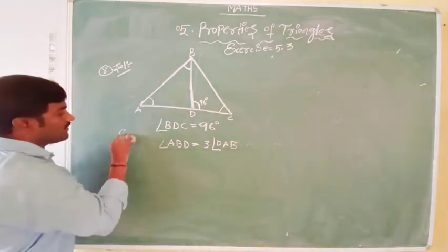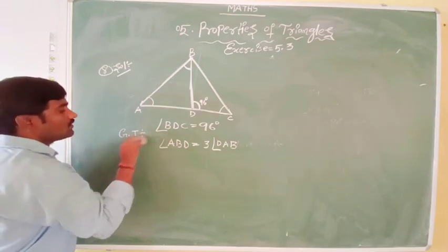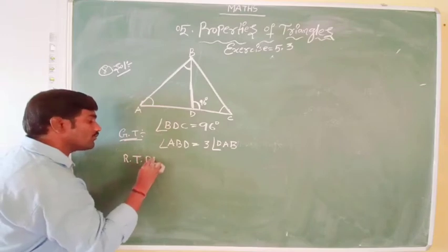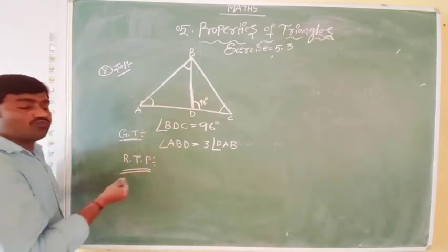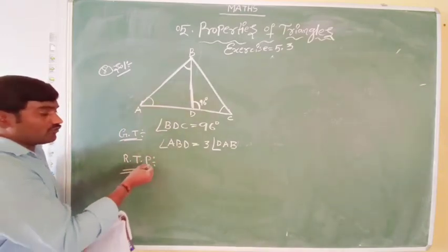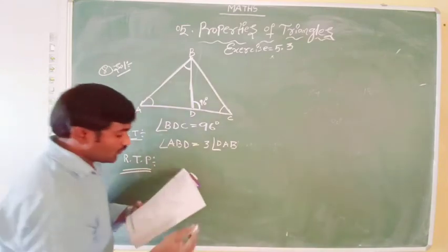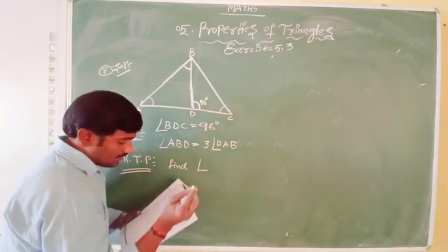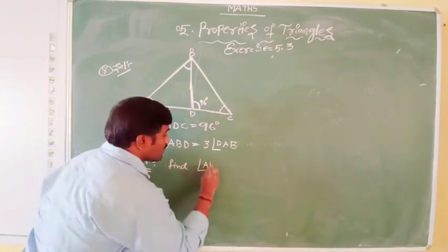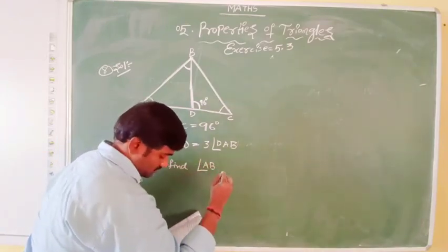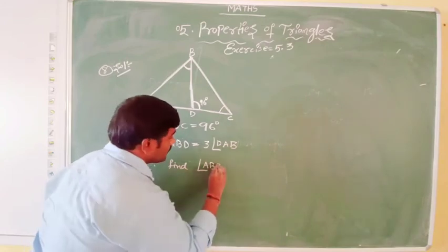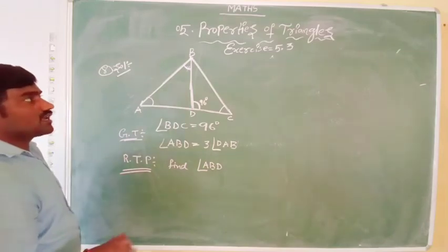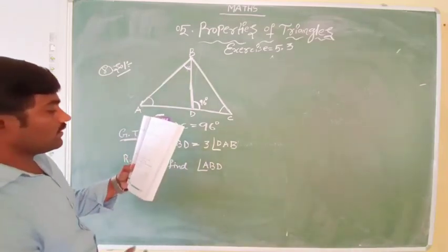This is what is given. Here RTP, required to prove, or rather required to find, is angle ABD. This angle we need to find out.